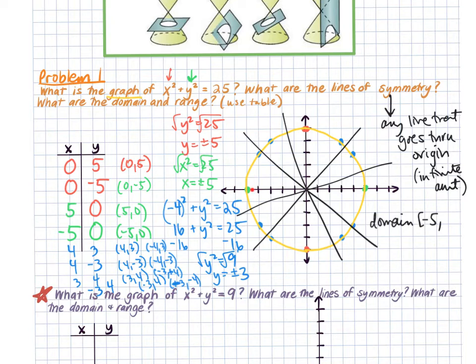Then my x's go from -5, -4, -3, all the way to 0, and they keep coming until we get to 5, and then they don't go further than 5. And we do include 5, so that's the domain.